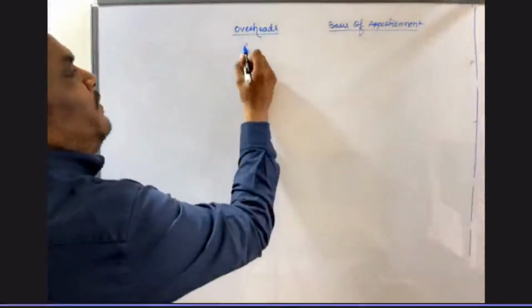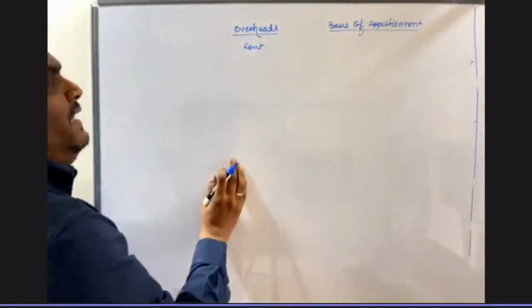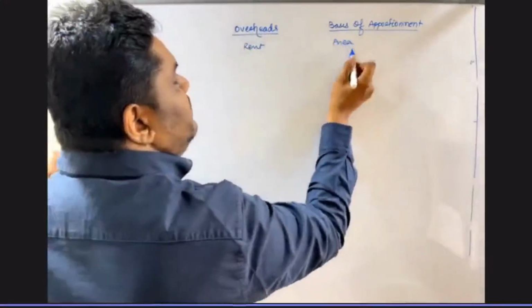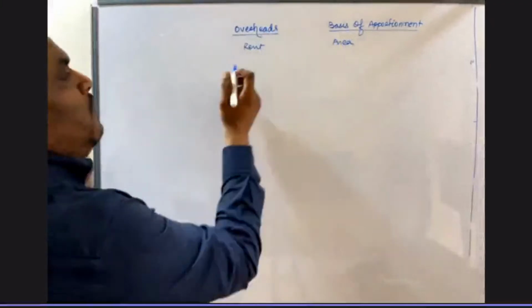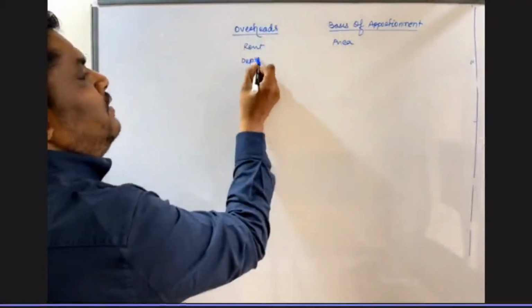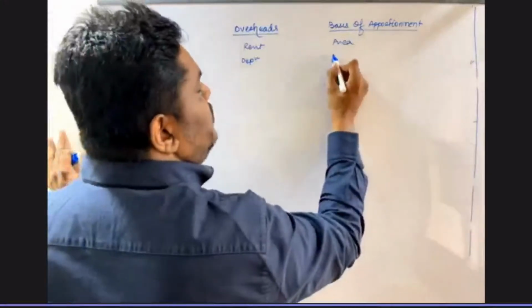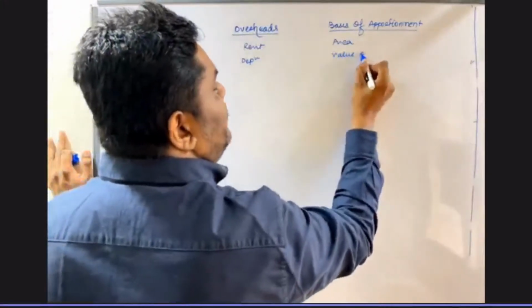If information is given as regards rent, it is to be apportioned on the basis of area. Depreciation on machinery is to be distributed on the basis of value of machine.